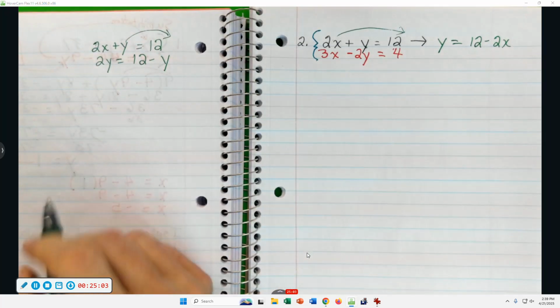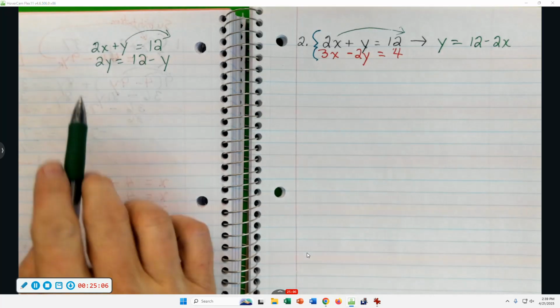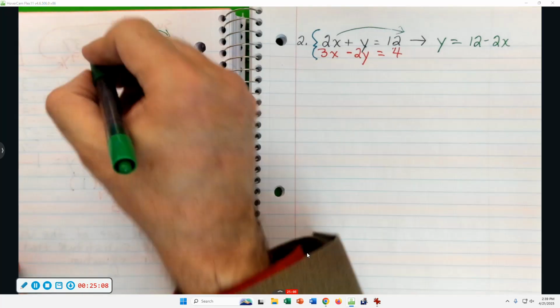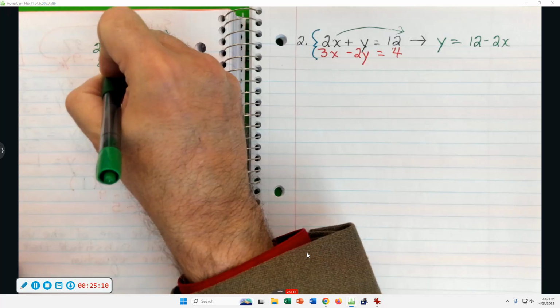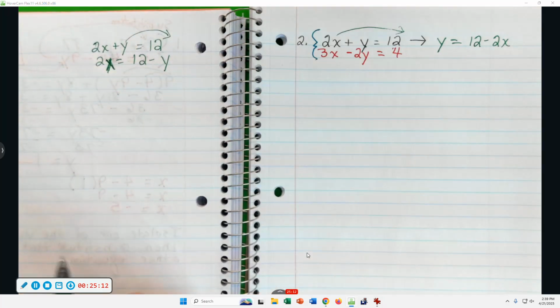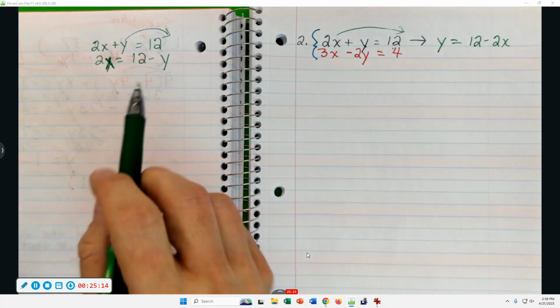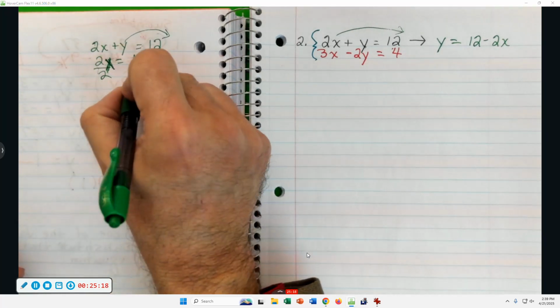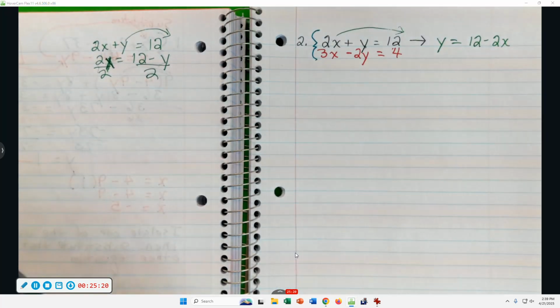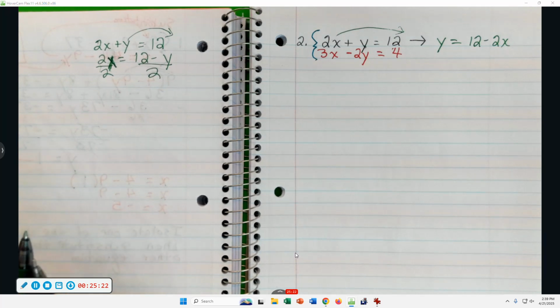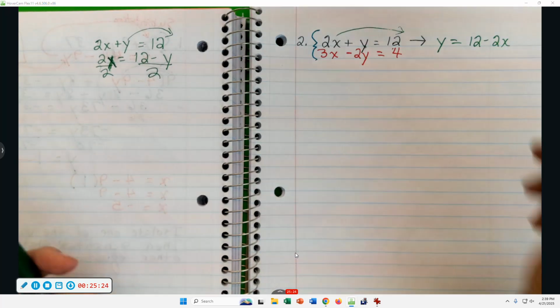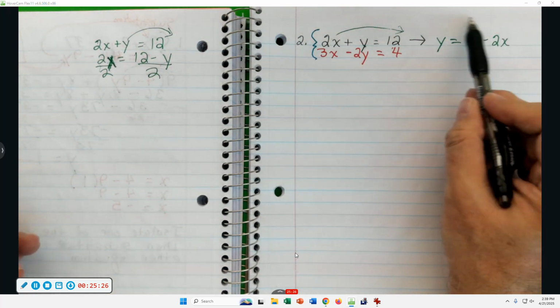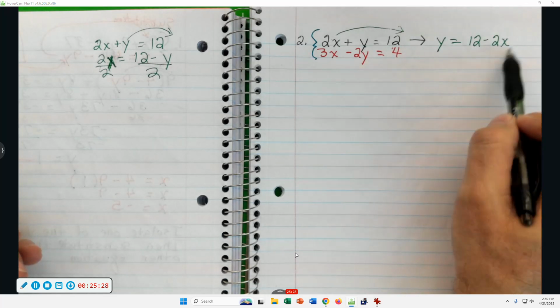And then what would you have to do to get the X by itself? You'd have to divide by 2. You'd have that big fraction to substitute in. And it's always easier if you're not having to plug a fraction in. Okay? So we've isolated one of the variables.